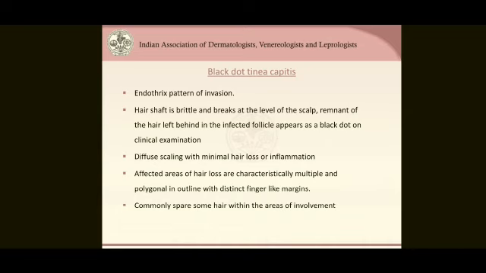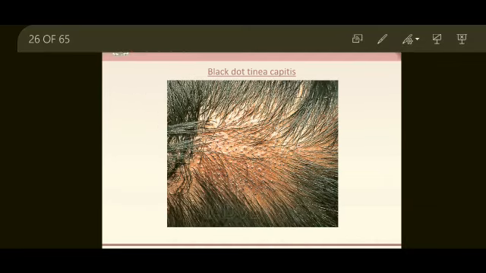Affected areas of hair loss are characteristically multiple and polygonal in outline with distinct finger-like margins. Commonly, they spare some hair within the areas of involvement. This is a picture wherein those black dots are nothing but the broken hair left on the scalp.